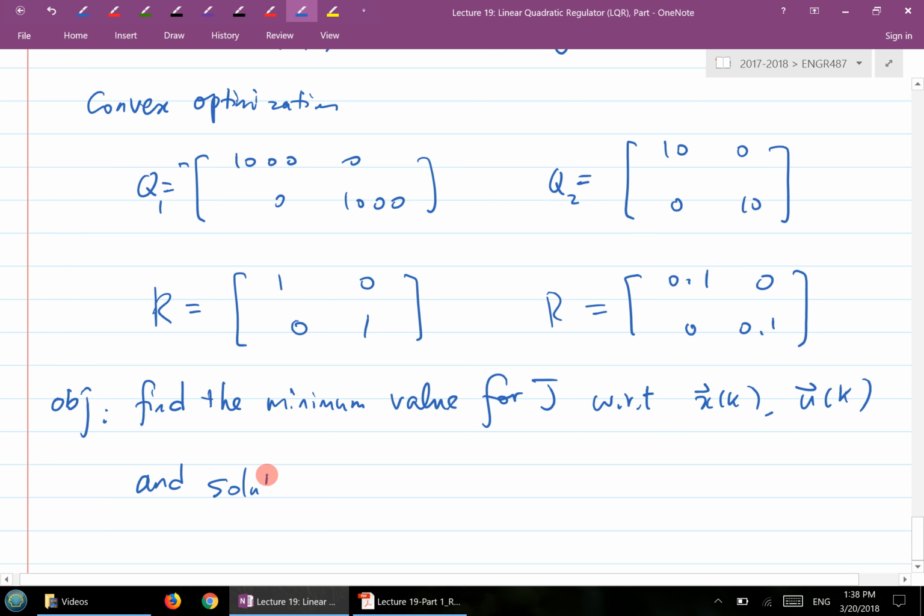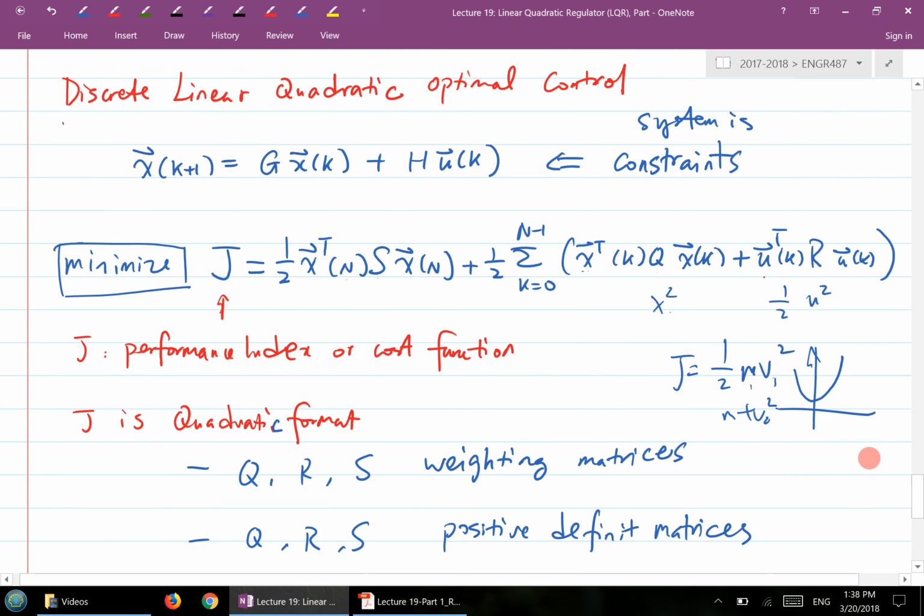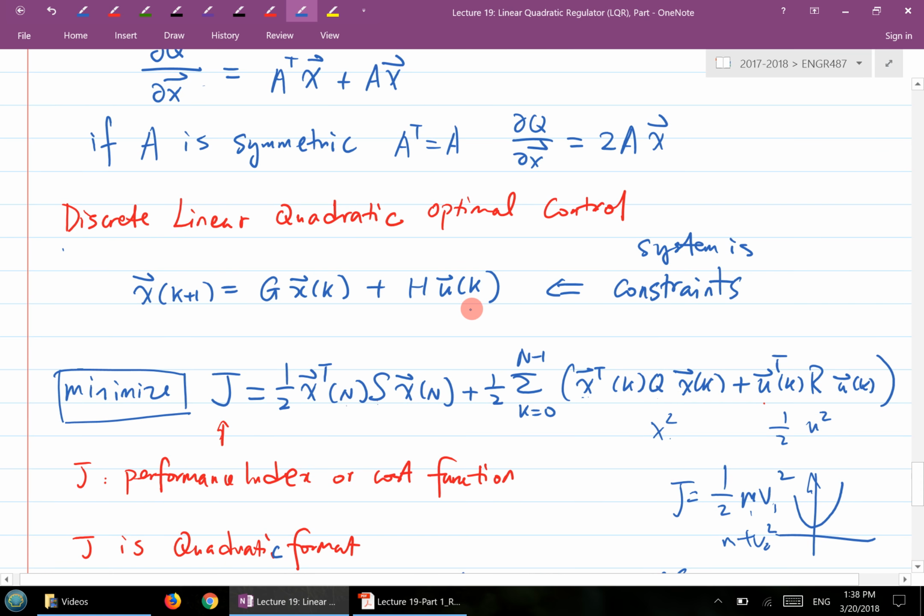The solution for U. Look at this one here: your only input is U. You're trying to input a certain U into the system, and the input U will affect X. Together, U and X will affect the value of J, right?